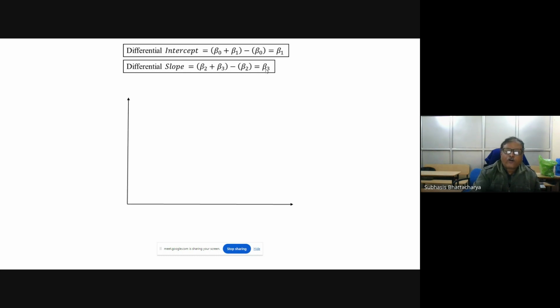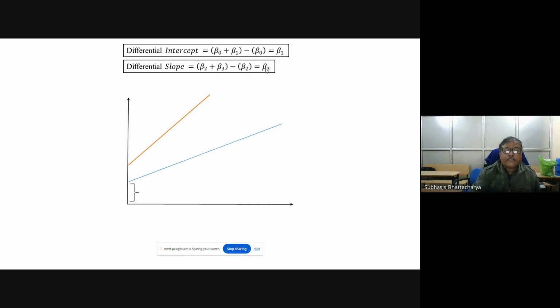So if we draw this, that is the case of the interaction dummy, when we interact a qualitative variable with a quantitative variable, this is how it is framed. This is the wage line for the female category, whose slope is beta 2 and intercept is beta 0. And the male category is represented by the saffron line.